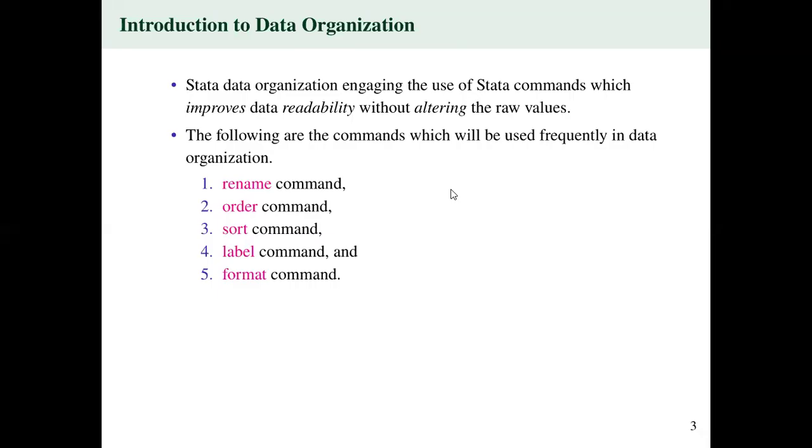Also, we'll see the label command. This is a composite command. Within label, we have almost, I think, 80 modifiers, so label alone is like dealing with 8 separate commands for labels. We're going to see the branches of those labels. And the last one is going to be format.